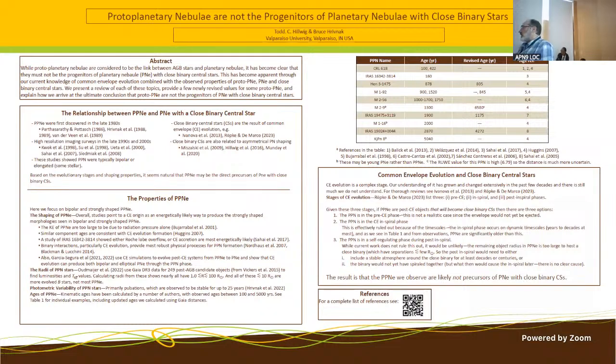So protoplanetary nebulae do not seem to be the progenitors of planetary nebulae with close binary central stars, which then leaves a lot of questions about what they end up as, what part of the common envelope they are going through. So this is essentially just a review demonstrating that they don't appear to be consistent with being the progenitors of close binary central stars and planetary nebulae.